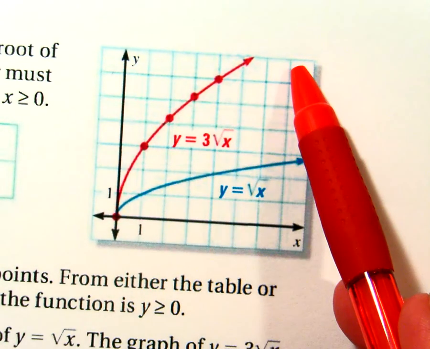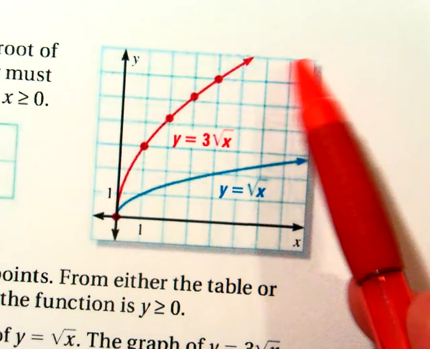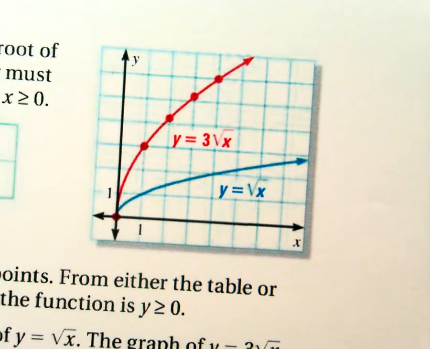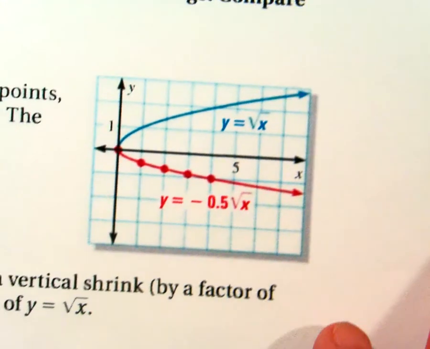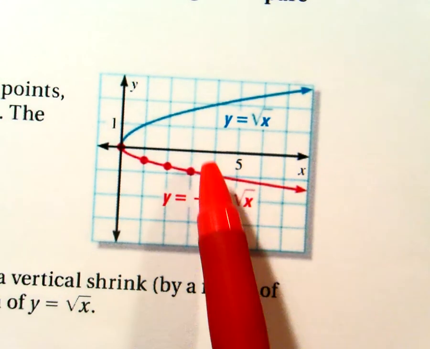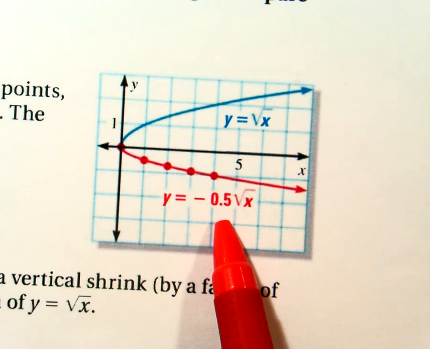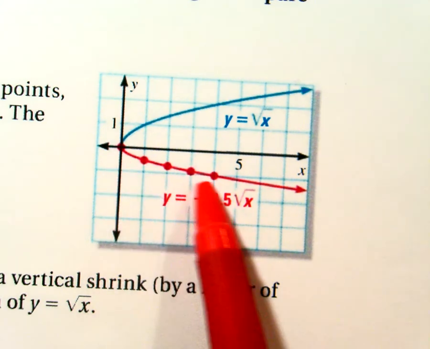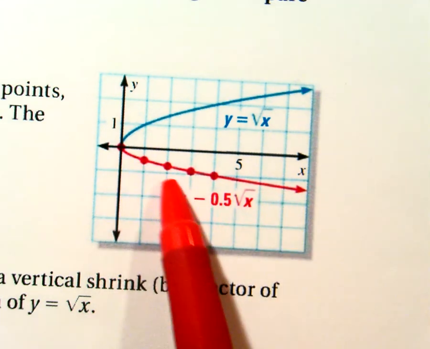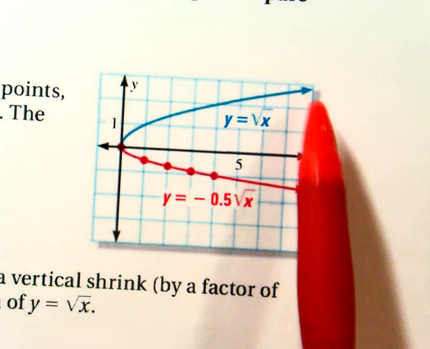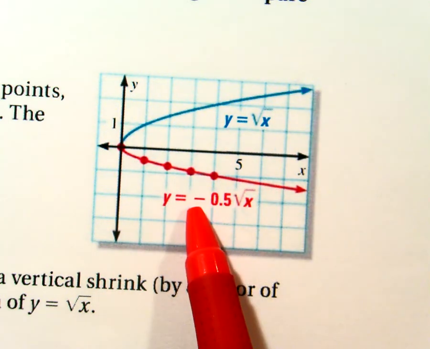It gets stretched. It's higher up. It goes more steeply. Let's look at this one. Y equals the square root of x, but we multiply it by a number that's smaller than 1. You notice that the red doesn't go down as fast as the blue goes up. And since it's multiplied by a negative number, it's a flip.